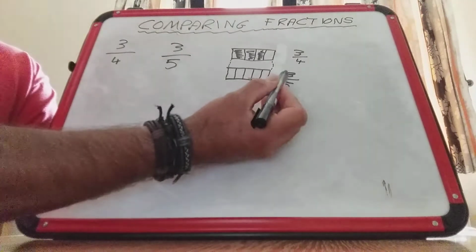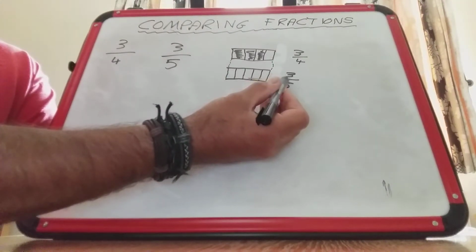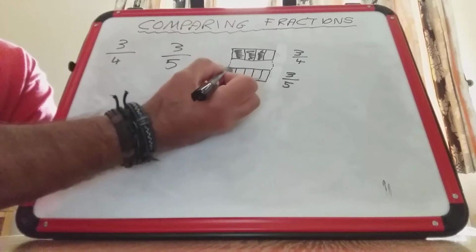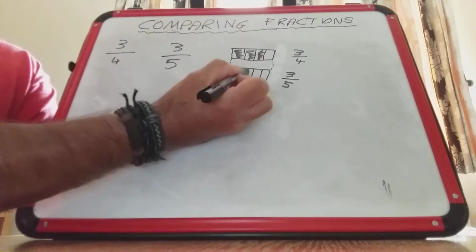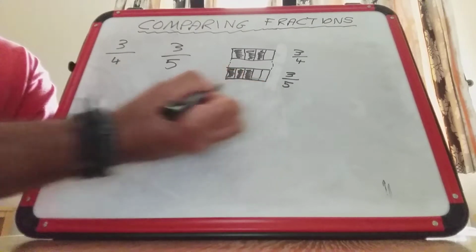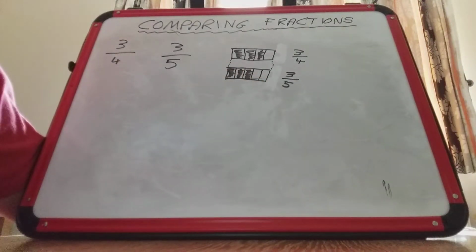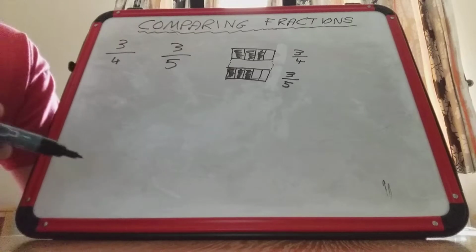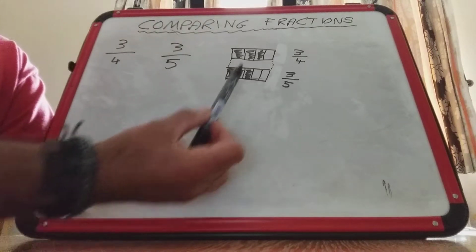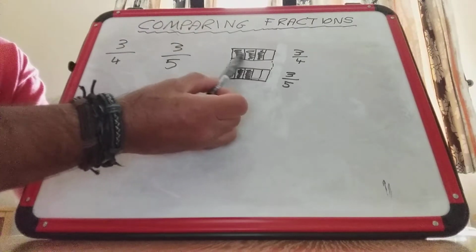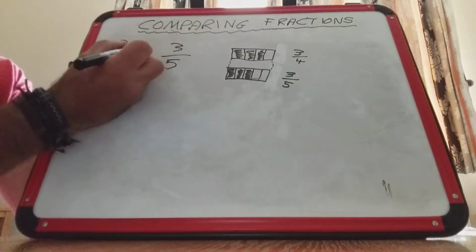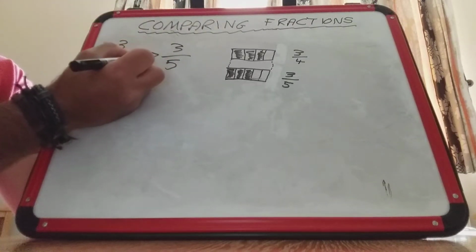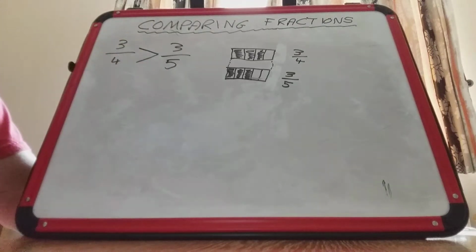Because we want to represent 3/5, we shade in 1, 2, 3 of these, and I think you can see fairly clearly that 3/4 is more than 3/5. So 3/4 is more than 3/5.